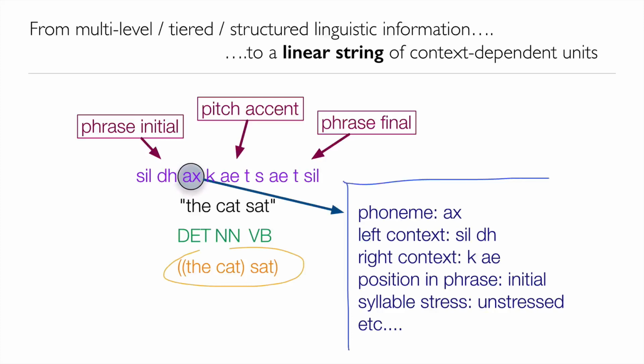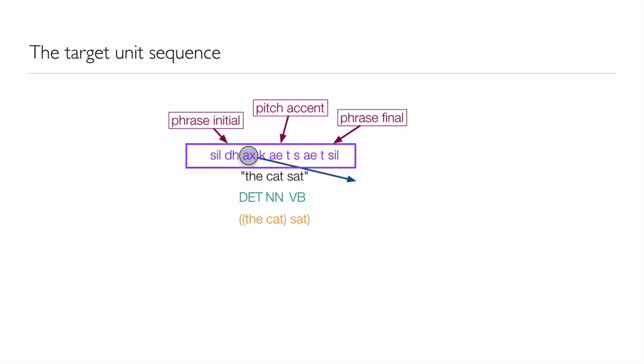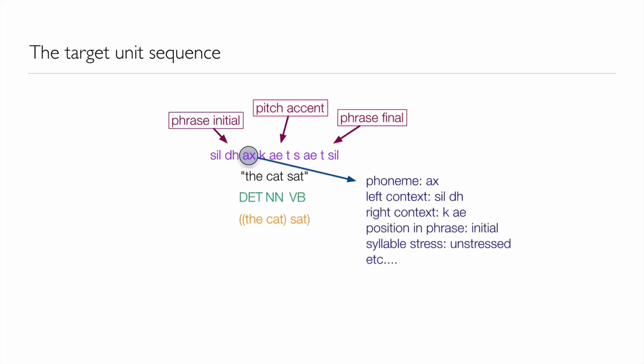So we're going to produce a flat representation where all of that higher level structure, such as part of speech, is attached down onto the pronunciation. So what we've got effectively then is a string of segments. That's just a fancy word for phones, with contextual information attached. So context-dependent phones. So one of them might be like that, and it's part of a sequence.